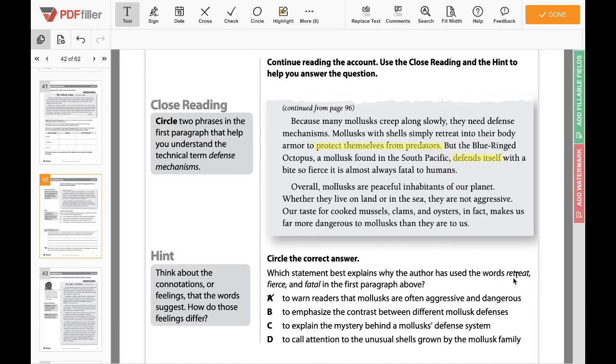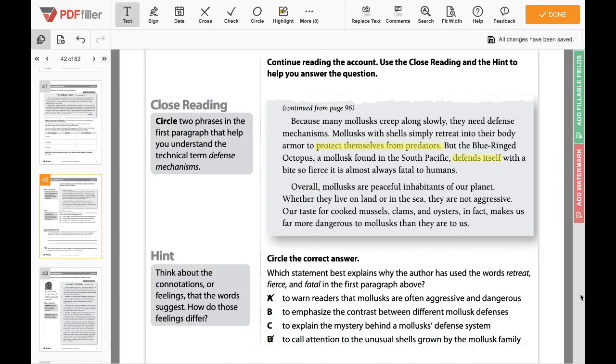To explain the mystery behind a mollusk defense system, I think that's a fair answer too. We'll come back to those two. Or to call attention to the unusual shells grown by the mollusk family. Does she talk a whole lot about their shells other than when she says they retreat into them? No, she only really mentioned shells once. So that's not her main thing she's trying to get across here.